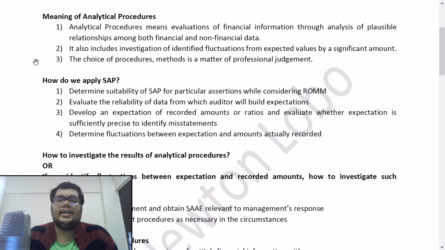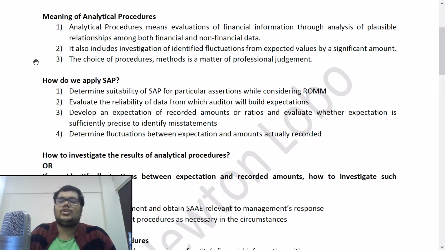Now, what is analytical procedures? Analytical procedures means the evaluations of financial information through analysis of plausible relationships among both financial and non-financial data. So you can have relationships between financial data, for example, other expenses of current year to other expenses of previous year. That would be a relationship between two financial numbers.